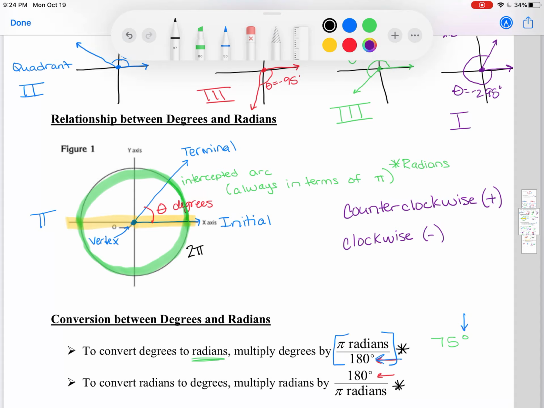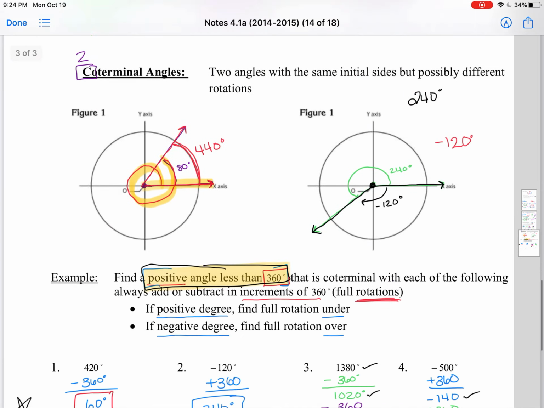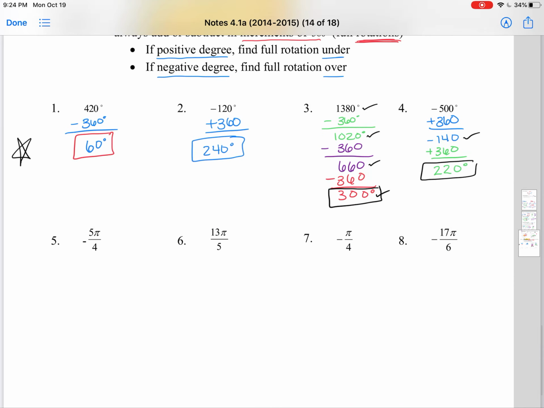What if I did another 180? That's going to be 2 pi. You just doubled your pi. You just doubled your 180. So you went from 180 to 360. So you did the same thing with your pi. You went from pi to 2 pi. You doubled it. Okay? That is considered a full rotation. You just completed a full circle. 2 pi is that full circle.